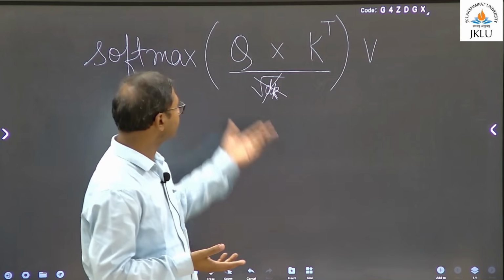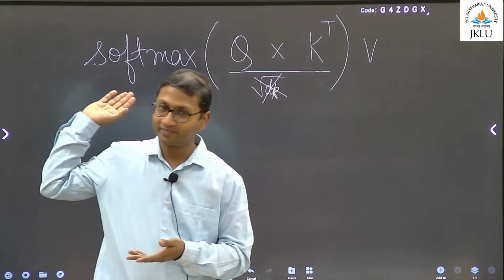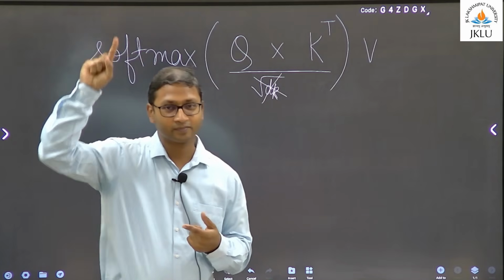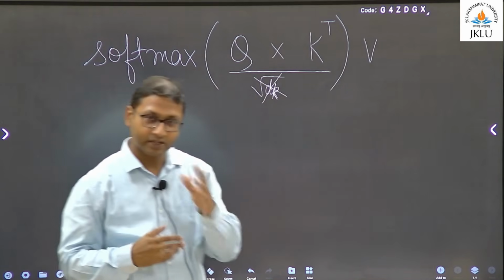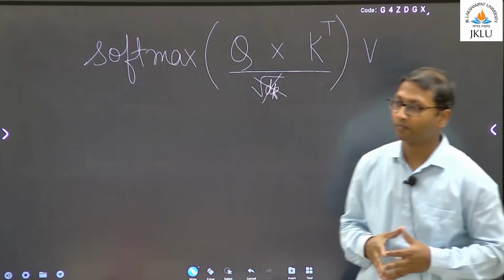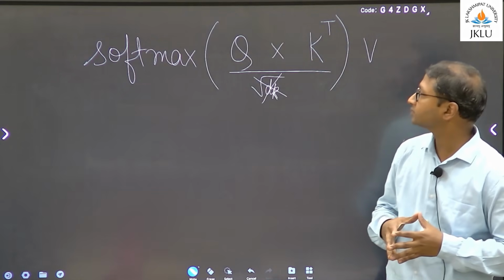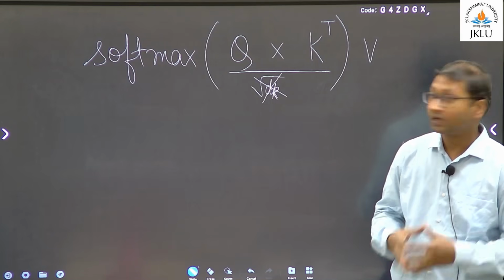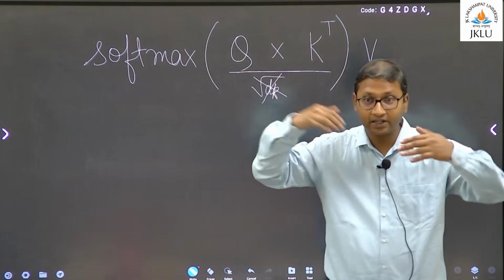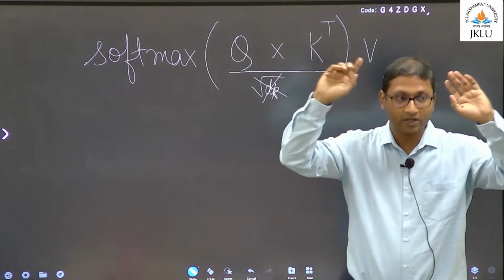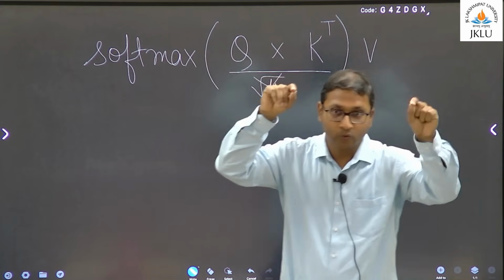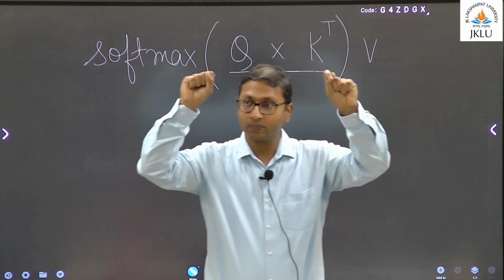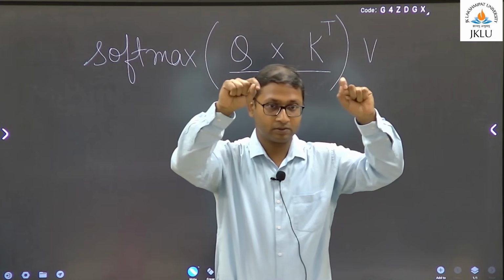I'm short of letters. This Q is not the same as that Q. That was WQ. Now this is Q. Guys, this one equation is representing everything that this self-attention is doing. What is self-attention doing? Q1 cross K1.